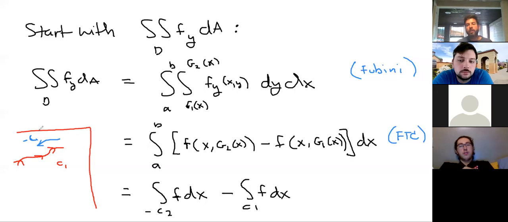So how do we illustrate that if we take a curve and we go one way, then the number we get in the line integral is the opposite as if we go the other way? We just say that if we go the other way, it's minus.